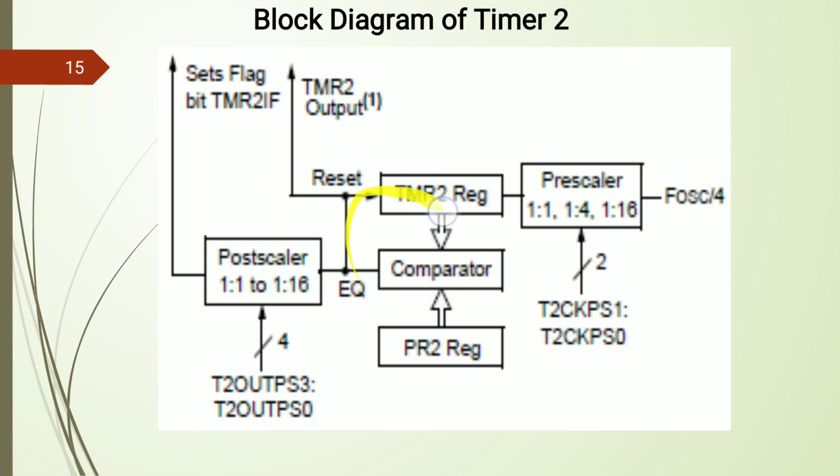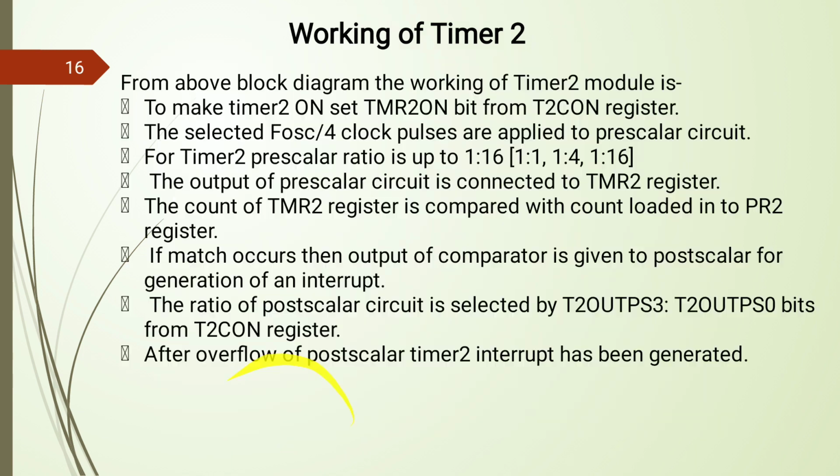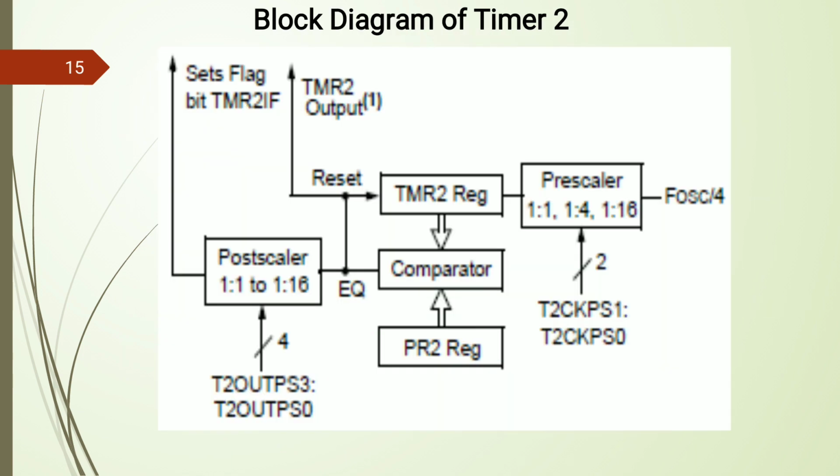Each time the comparator generates an output, by selecting the post scaler ratio, that is T2OUTPS0 to T2OUTPS3, whatever the combination, 1:1, 1:2, 1:4 up to 1:16, the post scaler value is incremented by 1, and after reaching its maximum value it generates an interrupt signal, that is TMR2IF.